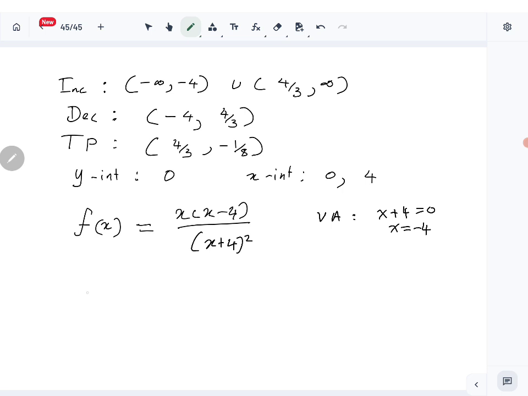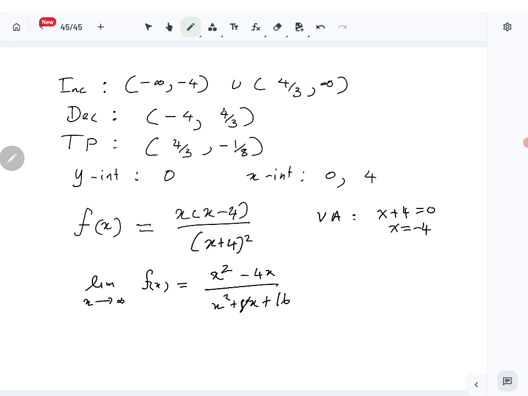Then the horizontal asymptotes you find by doing what? Finding the limit as x approaches infinity or negative infinity. So then it just depends on the leading terms of your function. So x squared minus 4x, over x squared plus 8x plus 16.